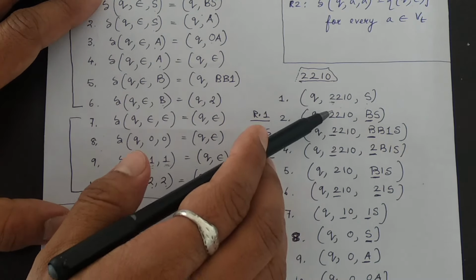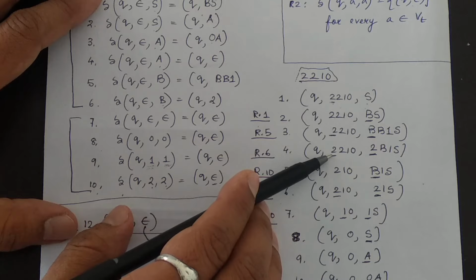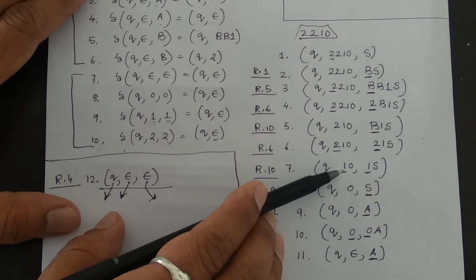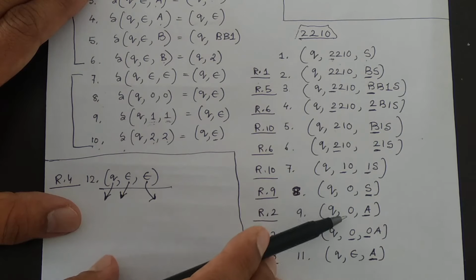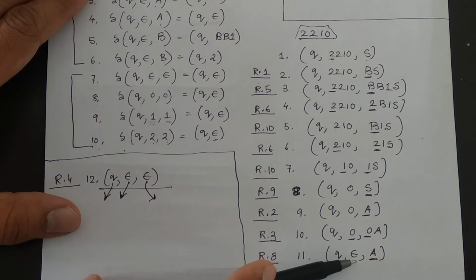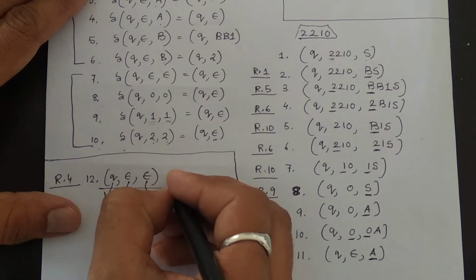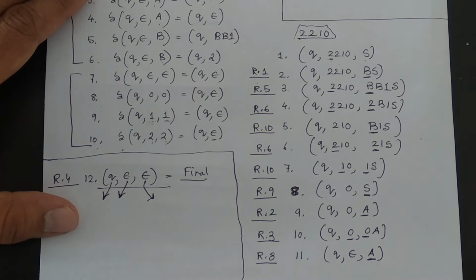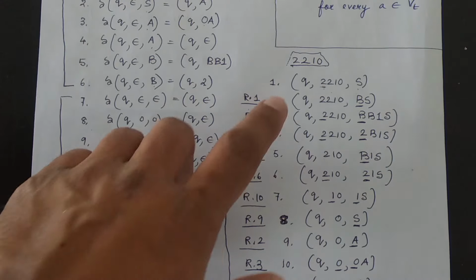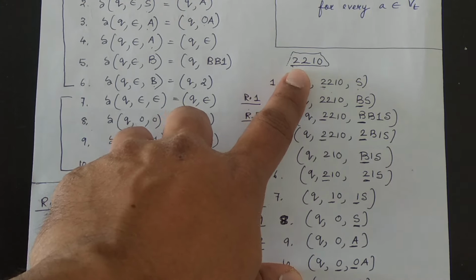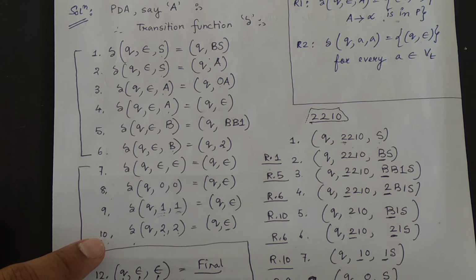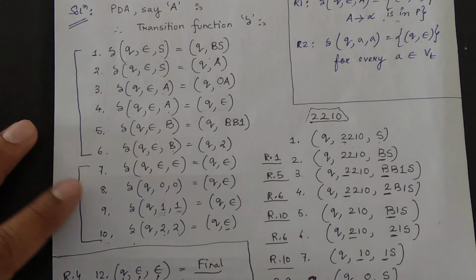As you can check, these 2 have been removed here, then again these 2 have been popped over here, then 1 is left out, 1 is also popped over here, then 0 I have popped over here, and finally I am left with epsilon. That means you have reached the final state, which means that you have read this particular string properly with the help of these transition function rules that I have constructed for the required PDA.